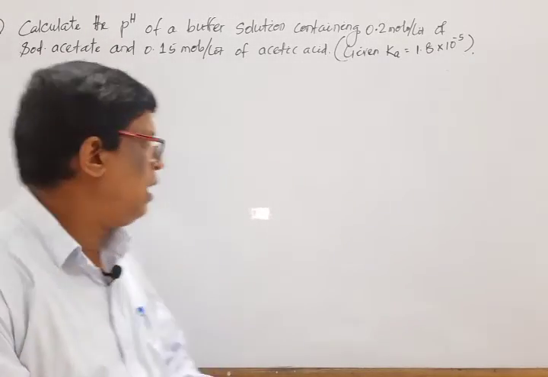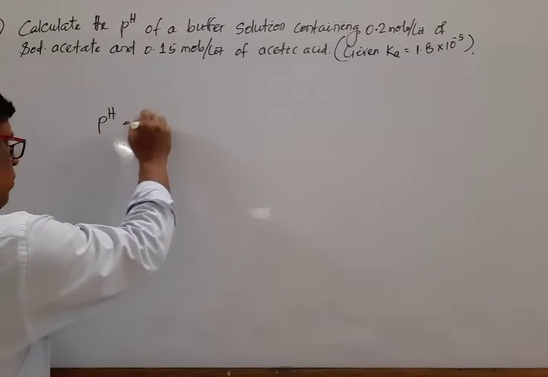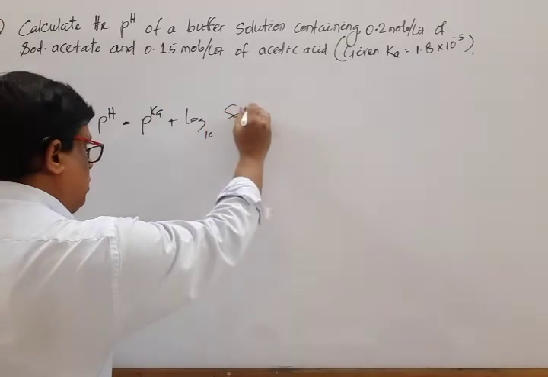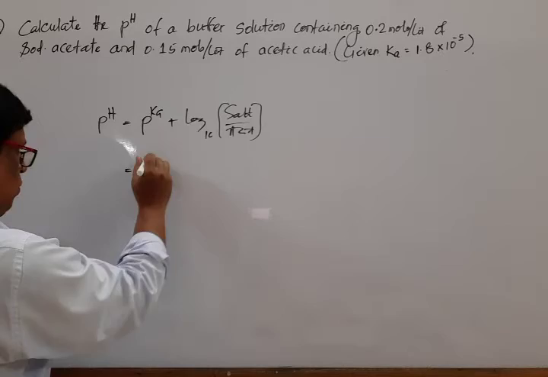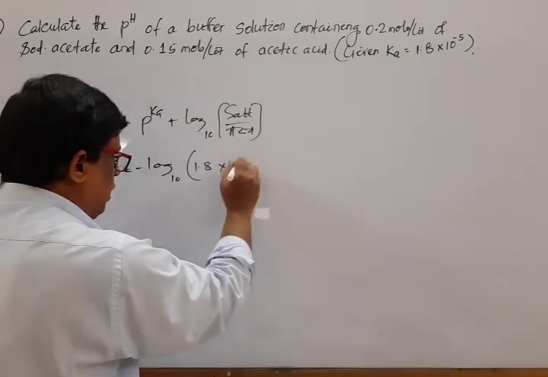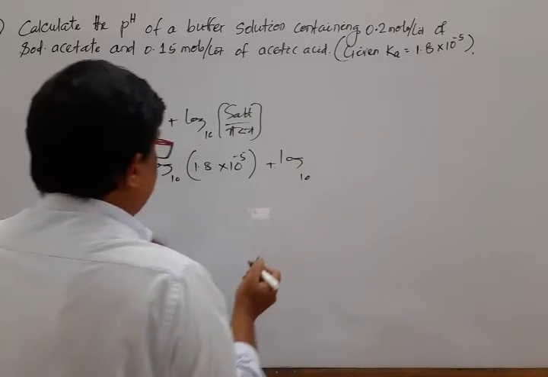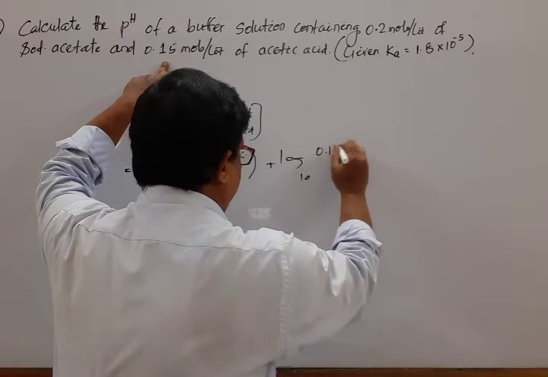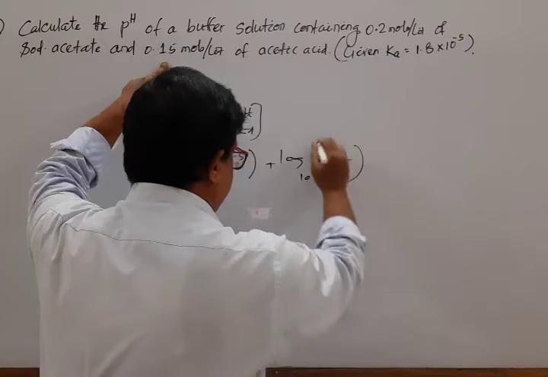We proceed similarly, that means pH is equal to pKa plus log salt by acid concentration, which is equal to minus log Ka, 1.8 into 10 to the power minus 5, plus log 10 the concentration of salt 0.15 divided by concentration of acid 0.2.